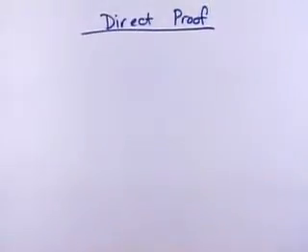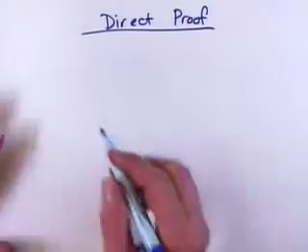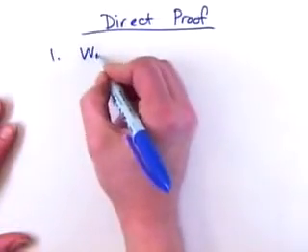What's characteristic of a direct proof? All the statements are true. I assume that my givens are true, and I want to end the proof with the statement that I'm trying to prove. So the first thing I do is I write my givens.